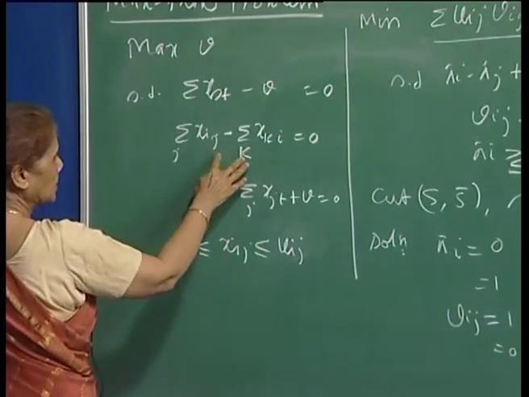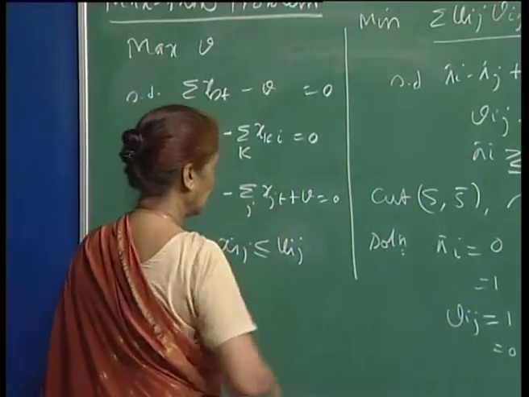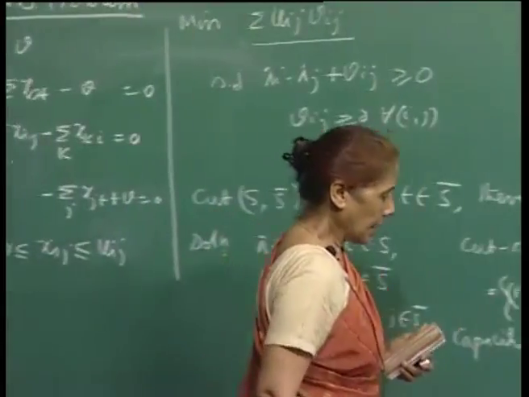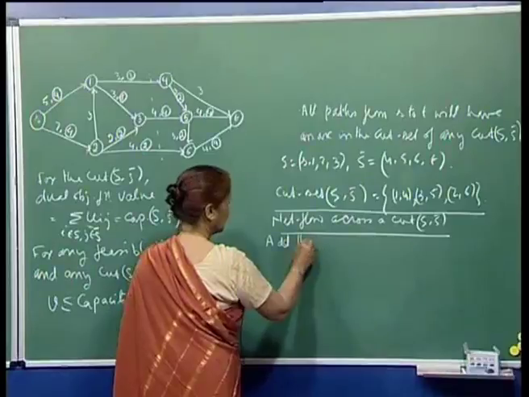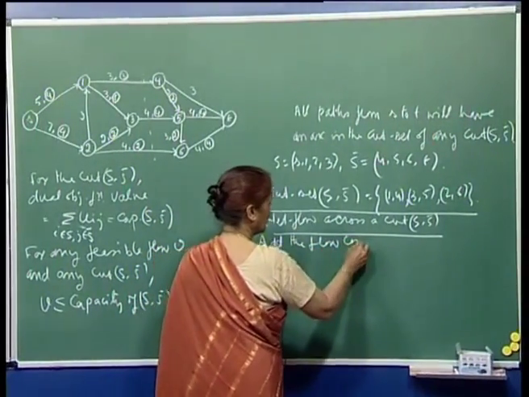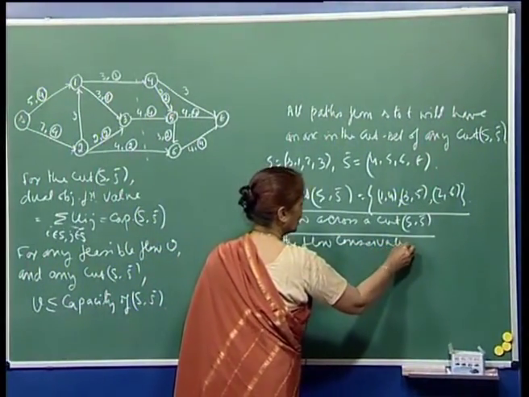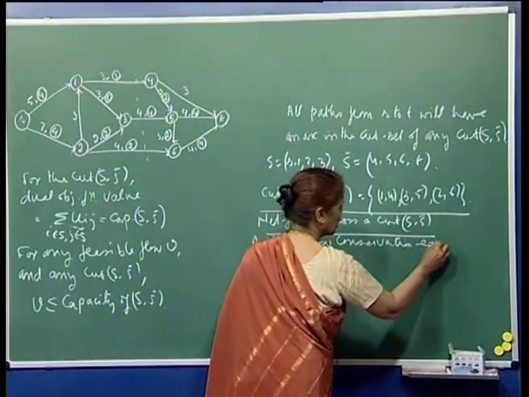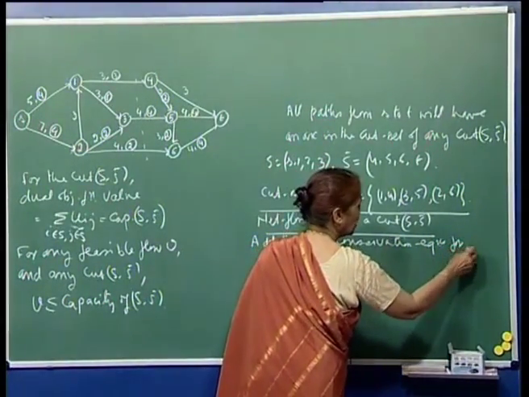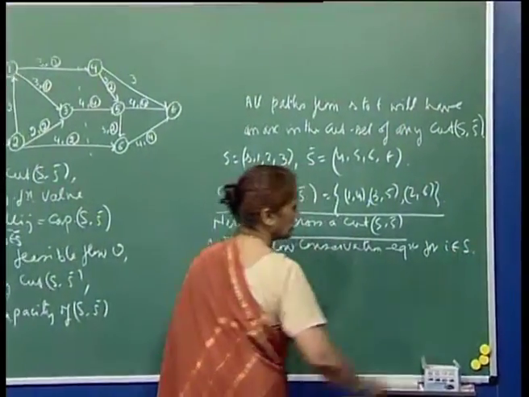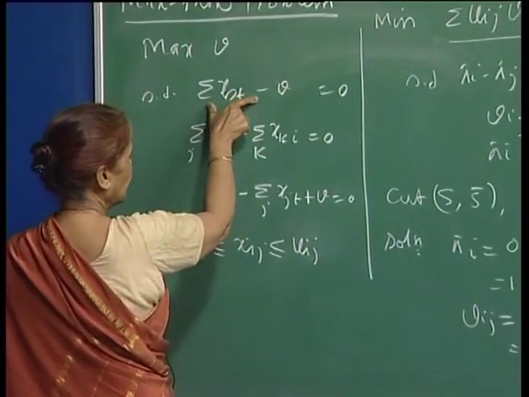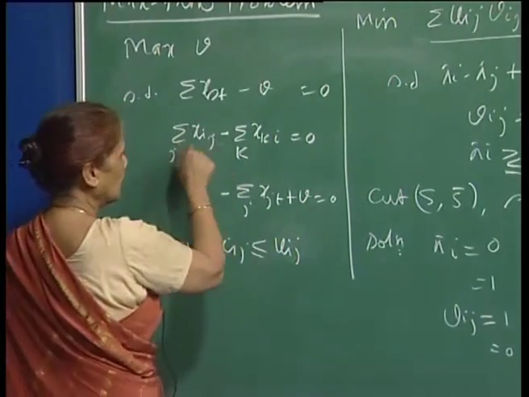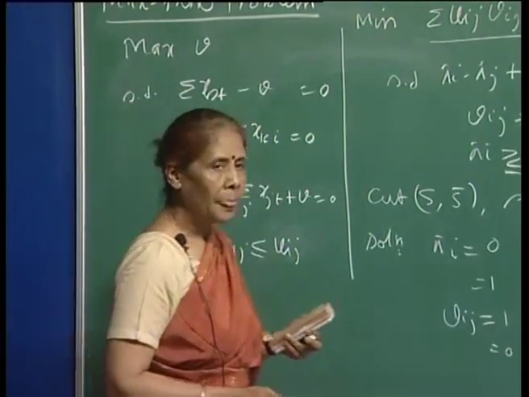So this is for S, and then this is for I, and then this is for the node T. So just add the flow conservation equations for I belonging to S only. Since small s belongs to capital S, this will be added, and here I will simply add these equations corresponding to I in S.